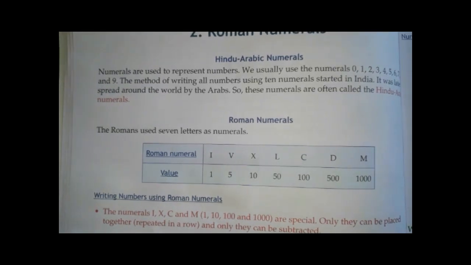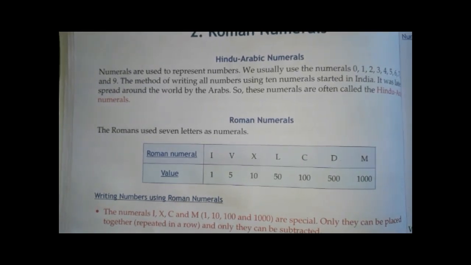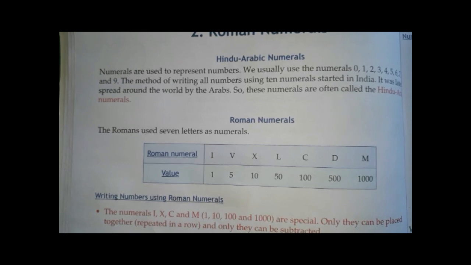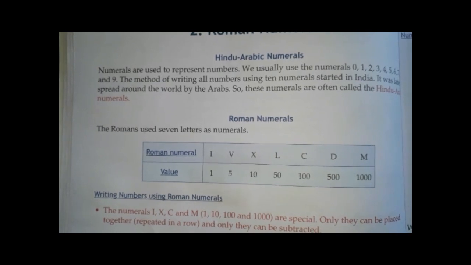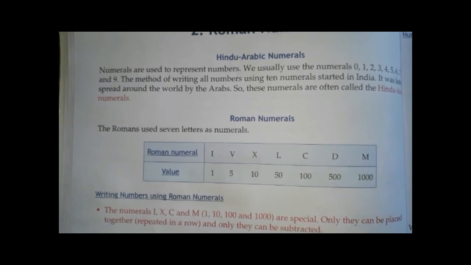Okay, so there are certain rules. By using them, we can write the Roman numerals into Hindu-Arabic numerals and the Hindu-Arabic numerals into Roman numerals, which we are going to learn in this chapter.